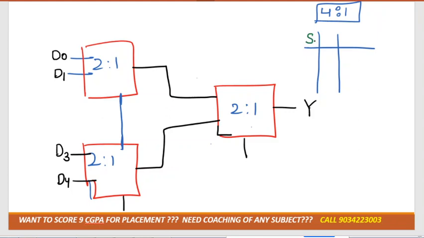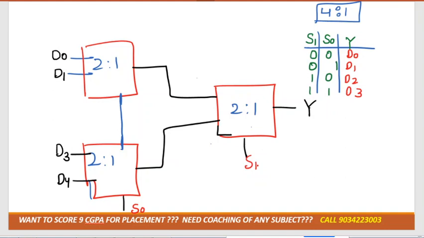As you know, there are two select lines, S1 and S0, for the 4 is to 1 mux. Output is Y, with the combinations 00, 01, 10, 11 that we have just studied, and the inputs are D0, D1, D2, D3, correct? Now suppose this one is the select line S0 and this one is the select line S1.